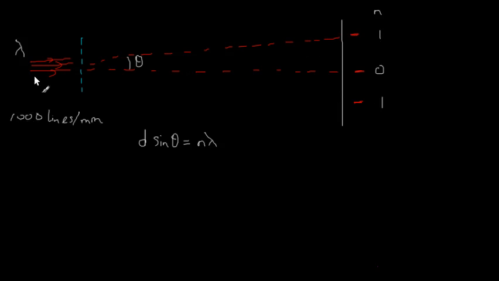For red light and this grating with this number of lines per mm, we would find that this angle is about 44.4 degrees.